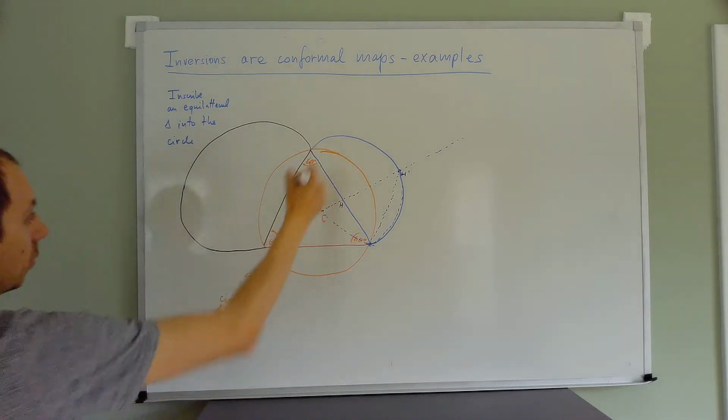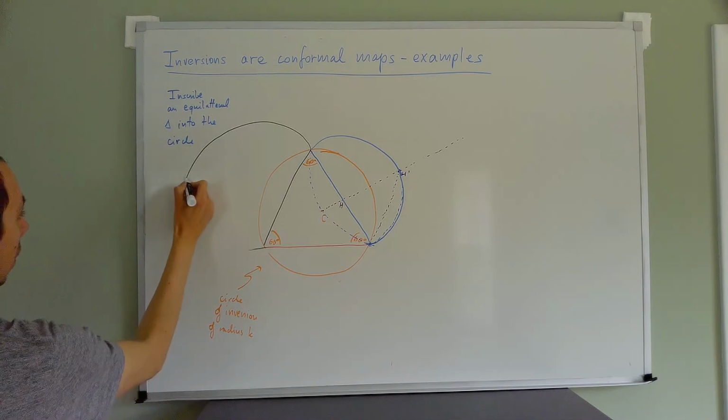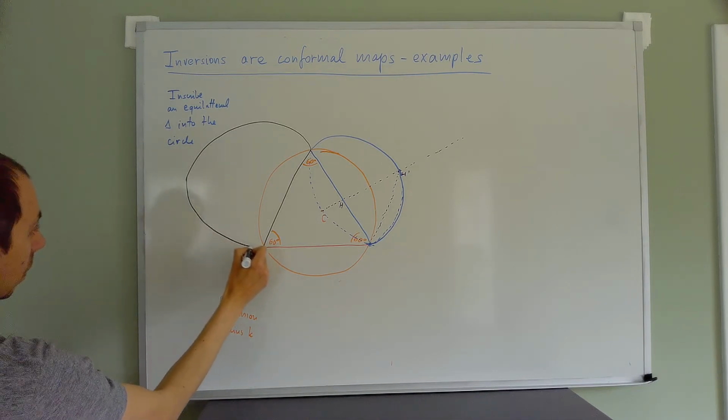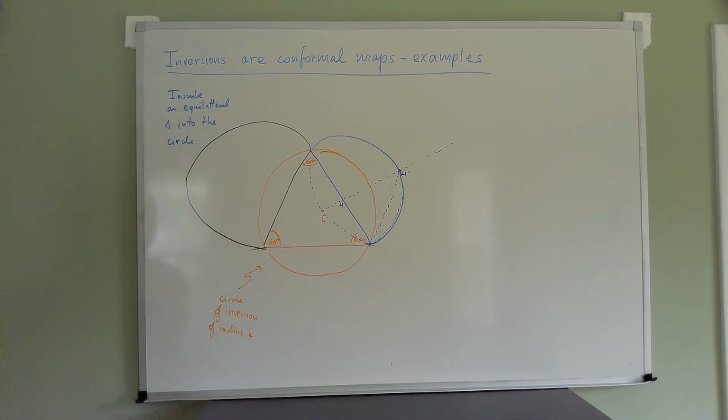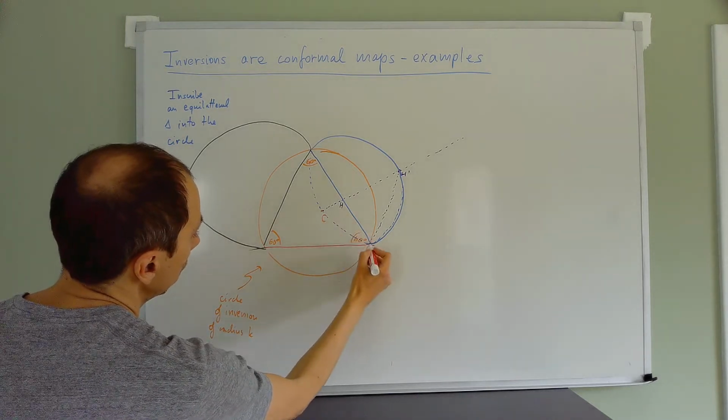And then it connects through C. Still doesn't look very good. Okay, maybe a little better. Alright, and the red one also maps to a circle that looks like this, or part of a circle that looks like this. You connect these two.